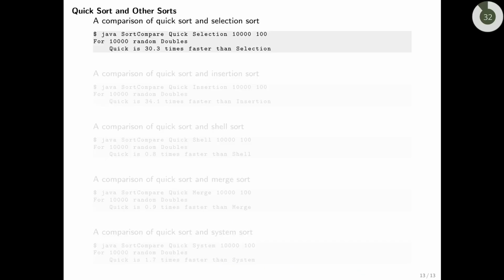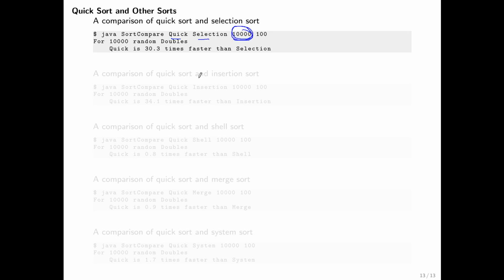Okay, finally let's compare the quicksort algorithm with some of the other sorting algorithms that we've discussed so far. We use the sort compare program that we talked about before, and here we are showing a comparison of quicksort versus selection sort on an input of size 10,000. So we are trying to sort 10,000 random doubles here.